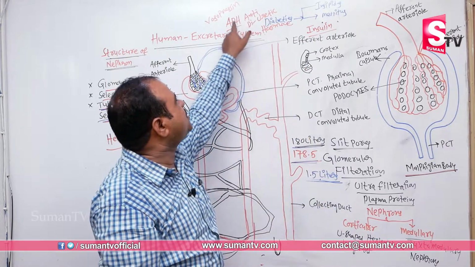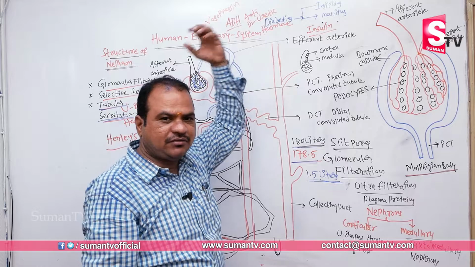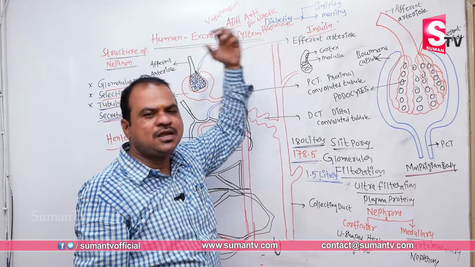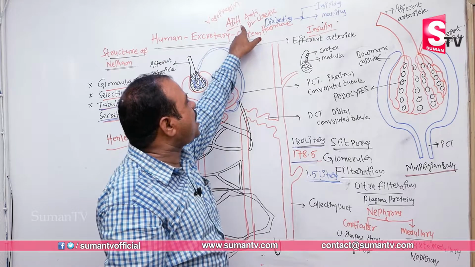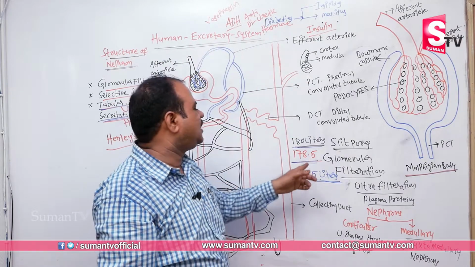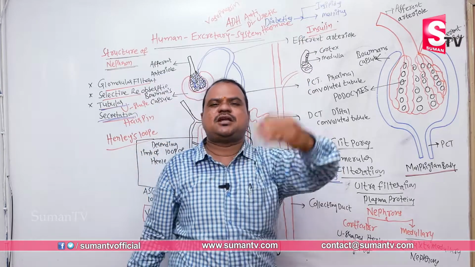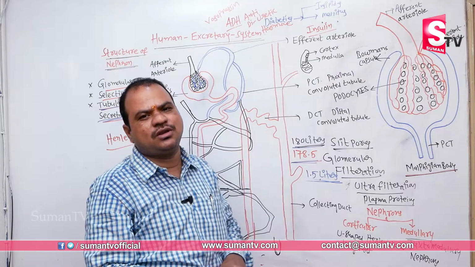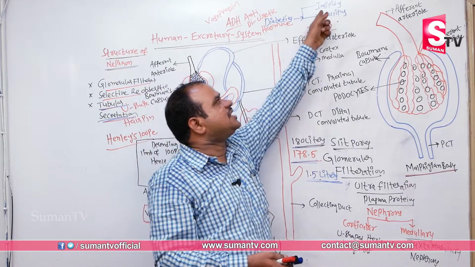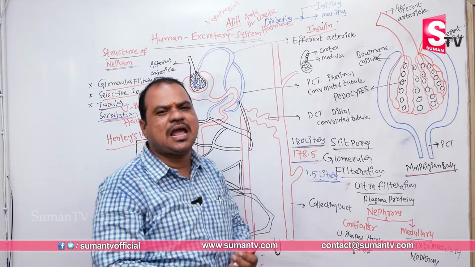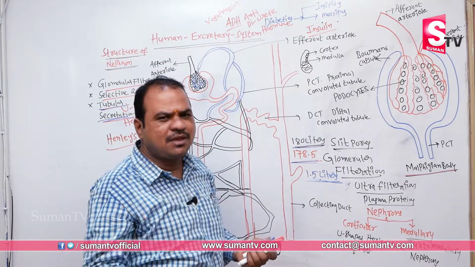Unfortunately, the ADH hormone is secreted by the pituitary gland. So if the ADH hormone is abnormal, absent or deficient, what will happen? The person wants to eliminate the maximum percentage of urine. So that is commonly called diabetes insipidus. But what is the difference between diabetes insipidus and diabetes mellitus?